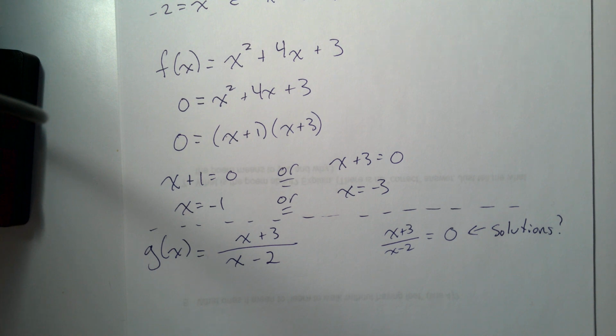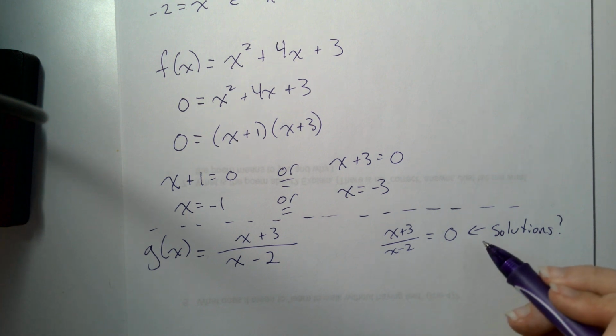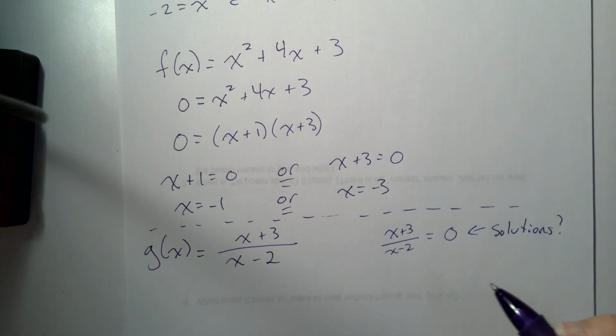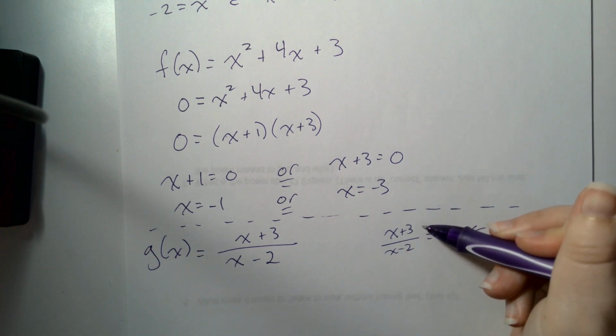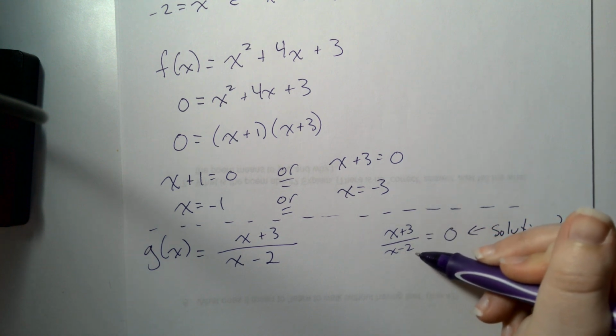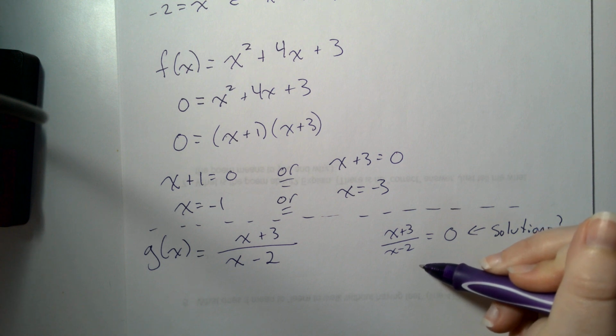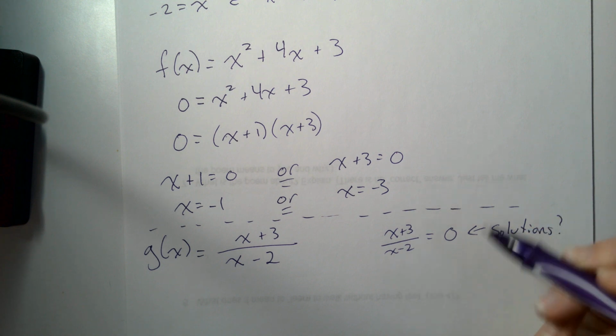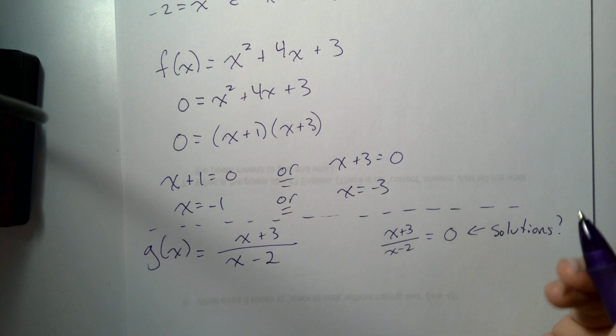If you think about division and fractions, if we have a fraction that equals 0, really all that means is that the top is 0. We don't really care what the bottom is, as long as the bottom's not 0. So we can kind of just ignore it.